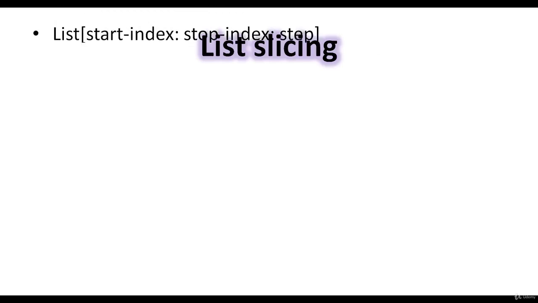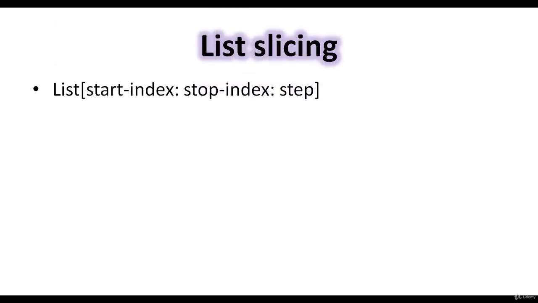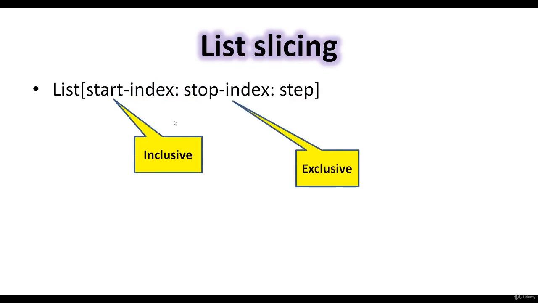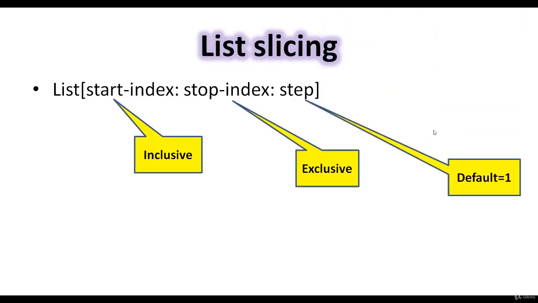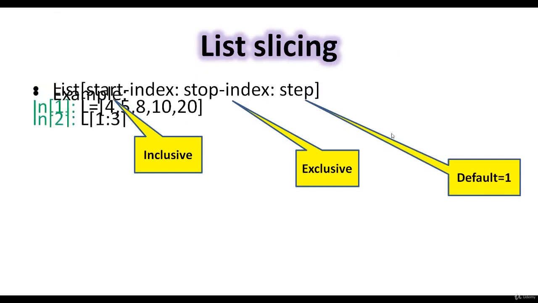List slicing. The generic form of list slicing is list, square bracket, start index, stop index, and step. Start index is inclusive and the stop index is exclusive, and the default value of step is 1.